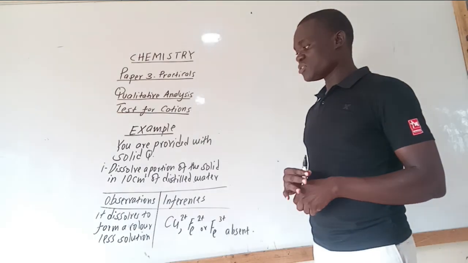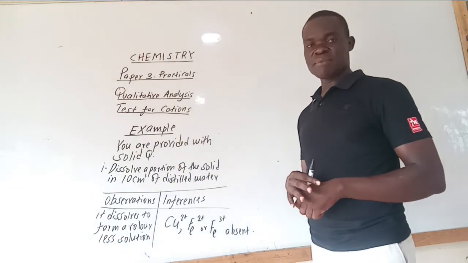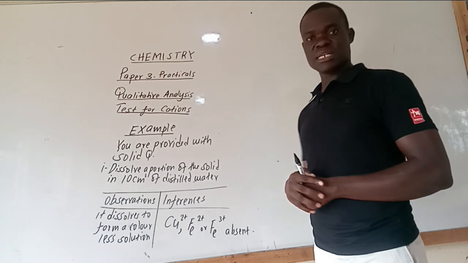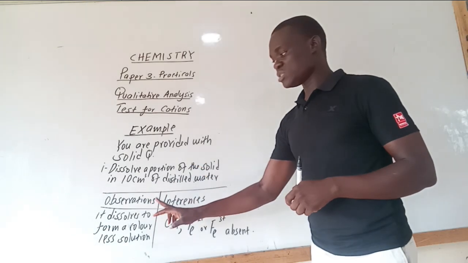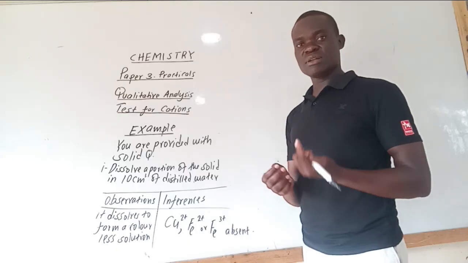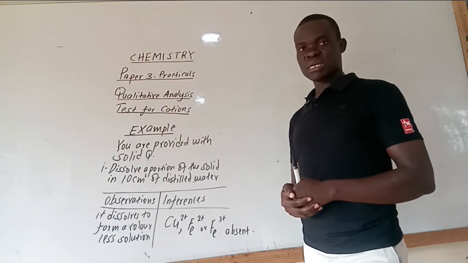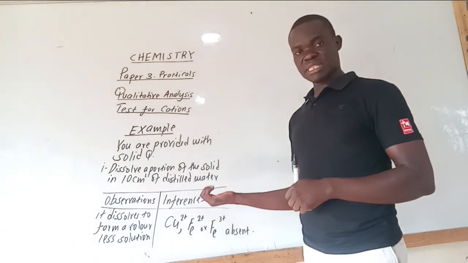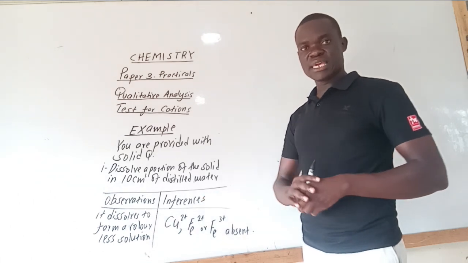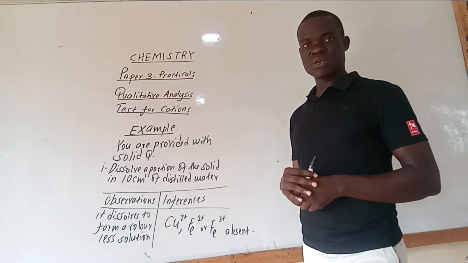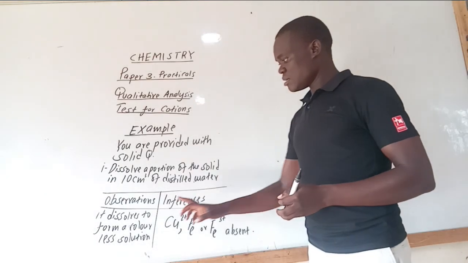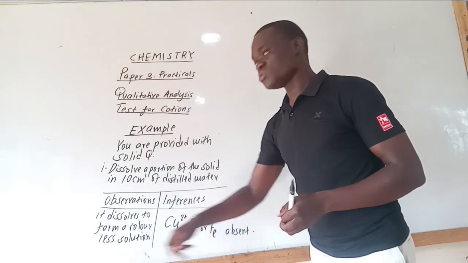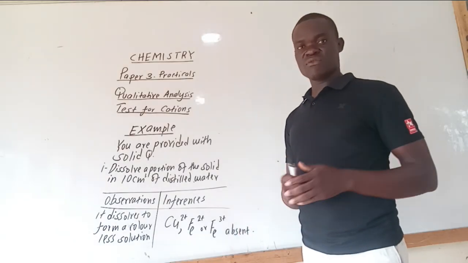So my observation after dissolving solid Q in about 10 cubic centimeters of distilled water is that it dissolves. I say it dissolves in water to form a colorless solution. You see, I'm mentioning the color of the solution.